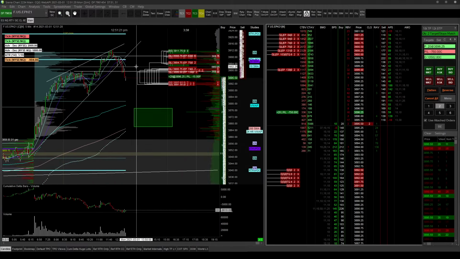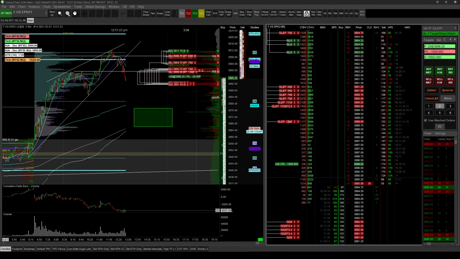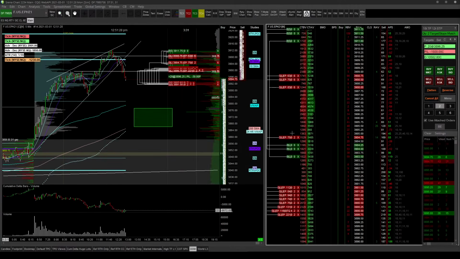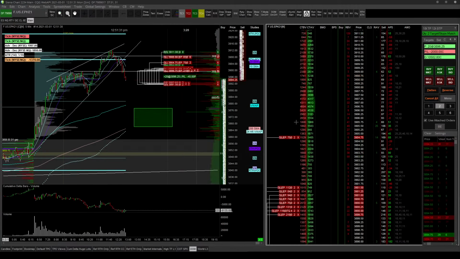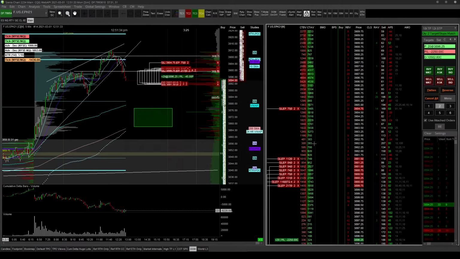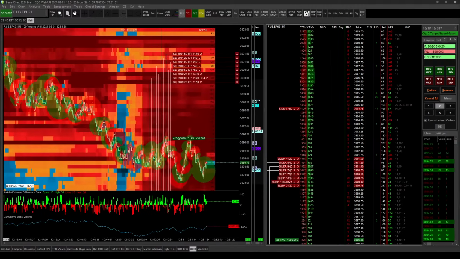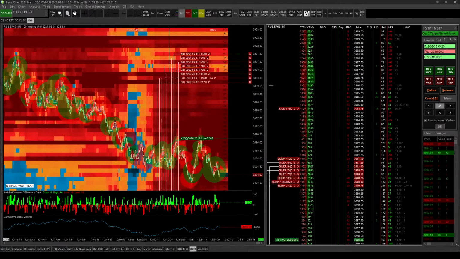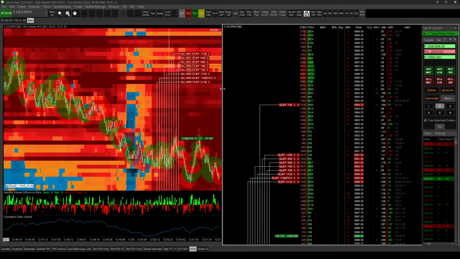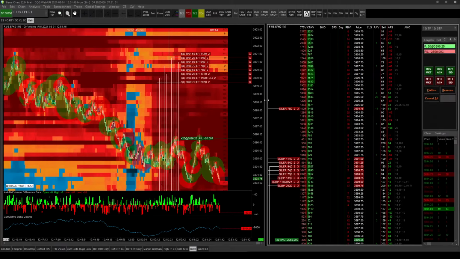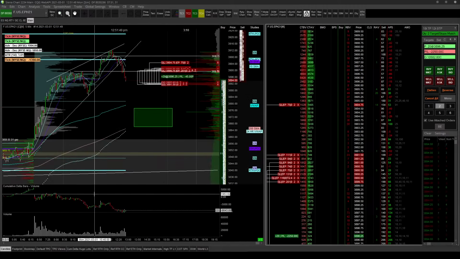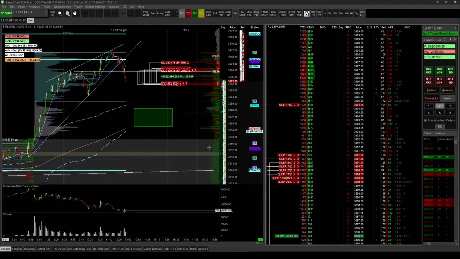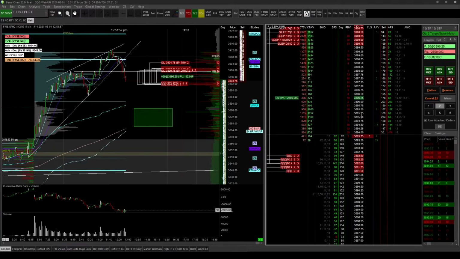And then 0225s. Well, that's not the chart I want. Alright, here comes the stops.